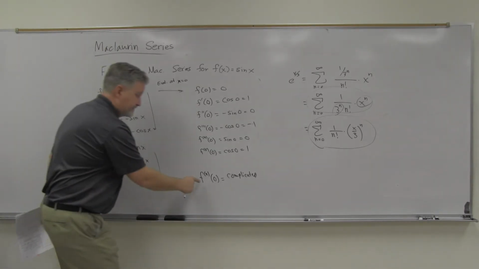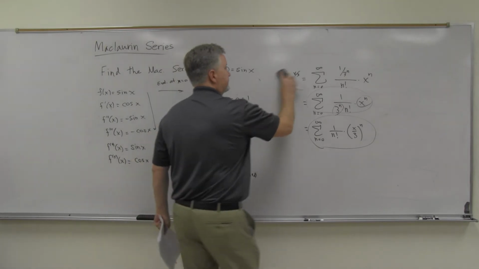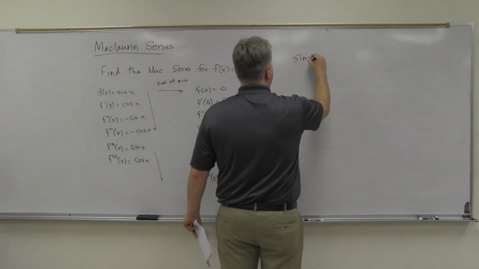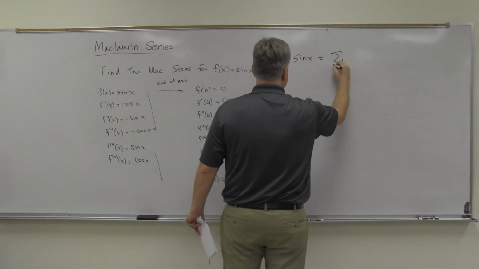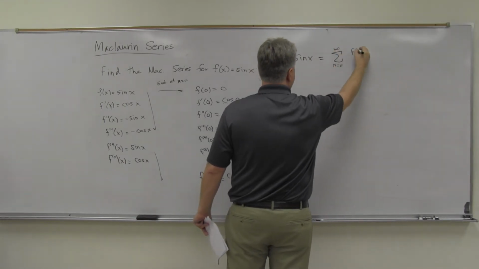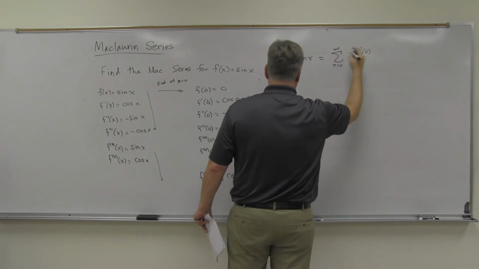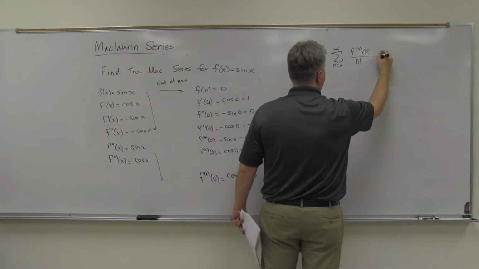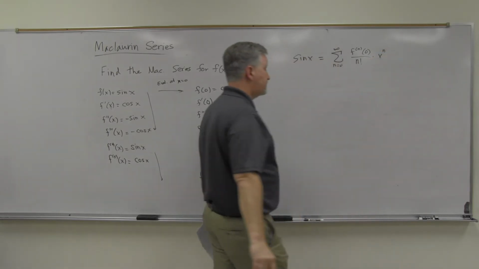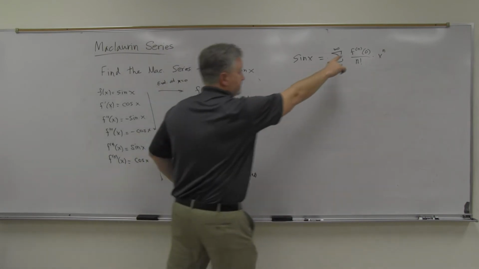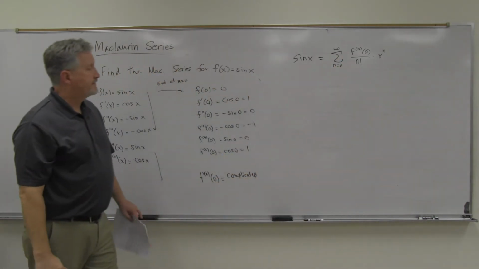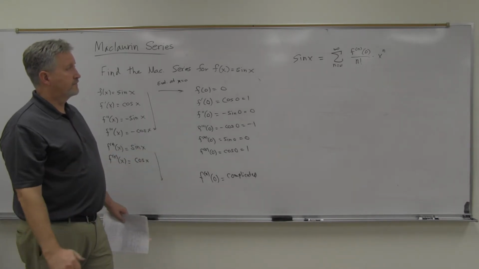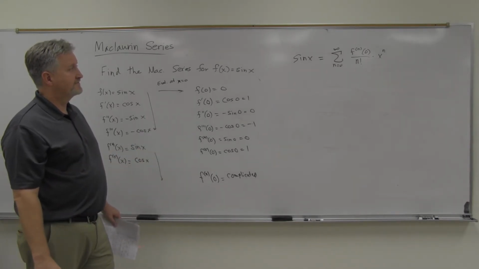So for the sine of x Maclaurin series, I can't really get that nth derivative at 0 over n factorial times x to the n as of yet, very easily anyway. But there is a way we will regroup here.